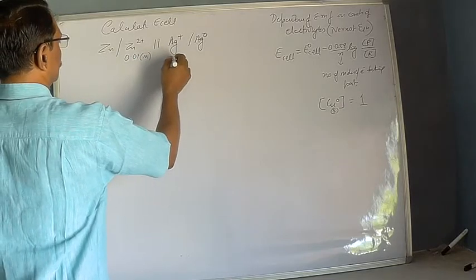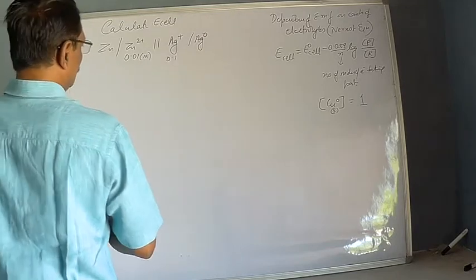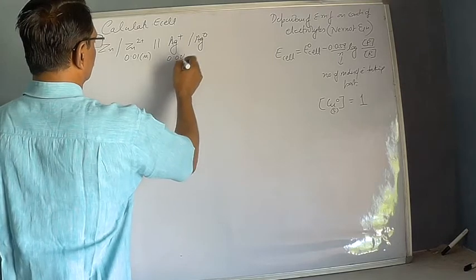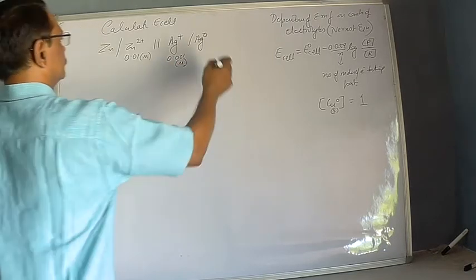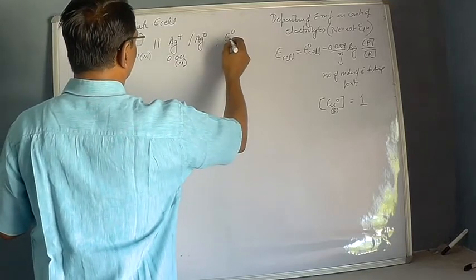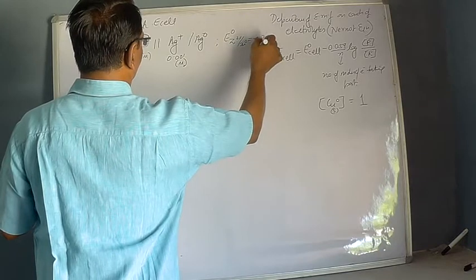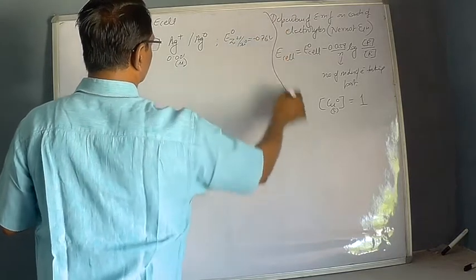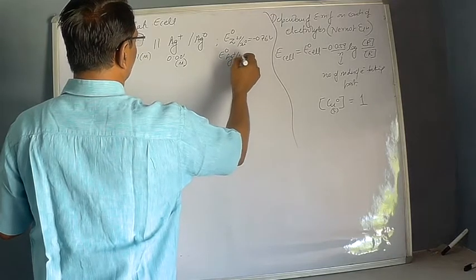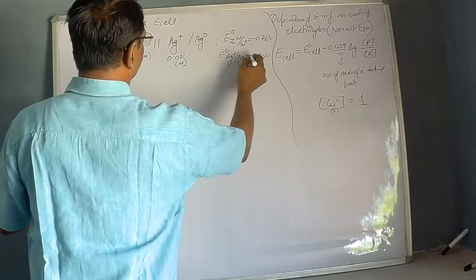Here it is given 0.1 molar, or you can take 0.001 molar. And some data has been given to you. Reduction potential of Zn2+ | Zn0 is minus 0.76 volt, and E0, the reduction potential of silver is positive 0.80 volts.